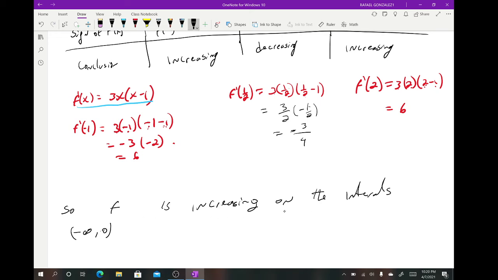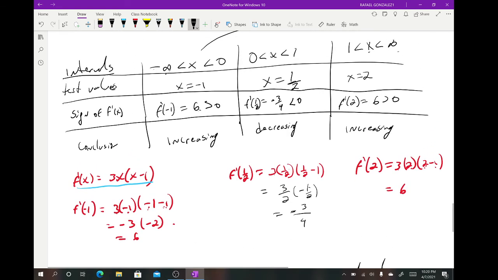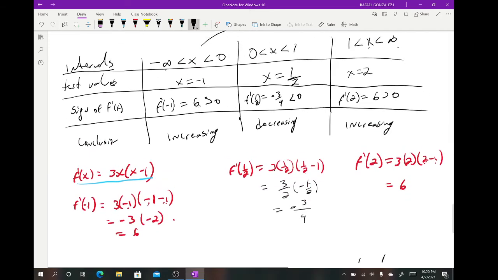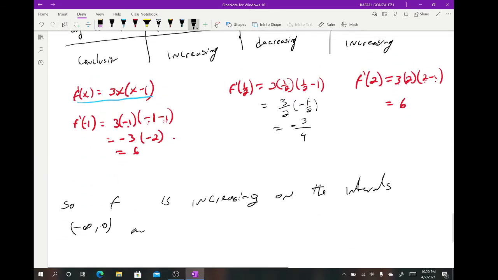So f is increasing on two intervals. It's increasing on negative infinity to 0 and 1 to infinity. This will make my life much simpler. And f is decreasing on the interval 0 to 1.